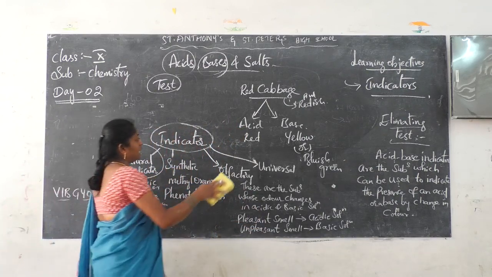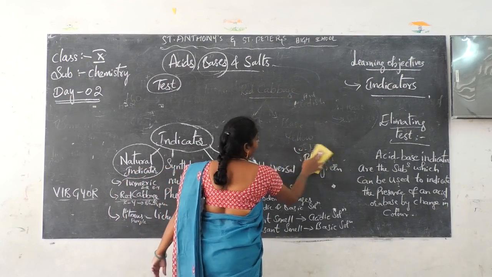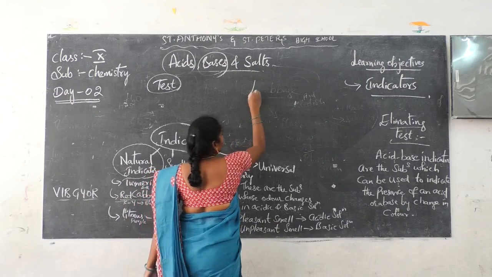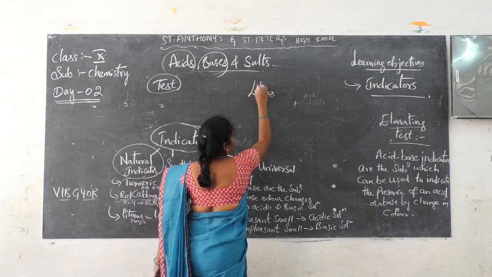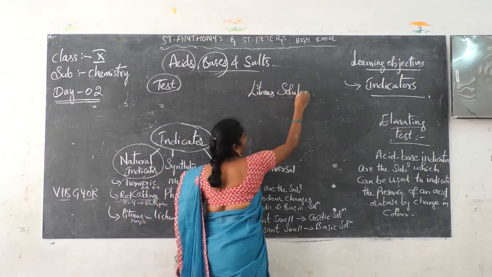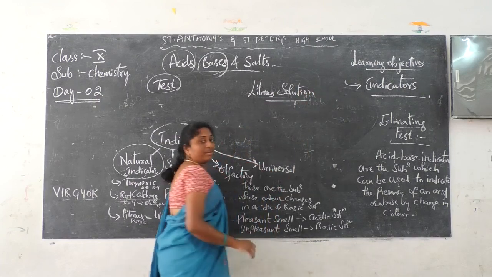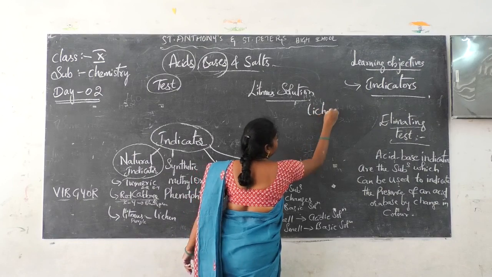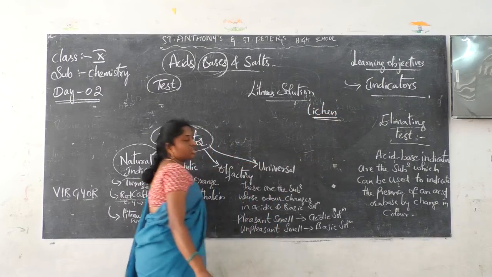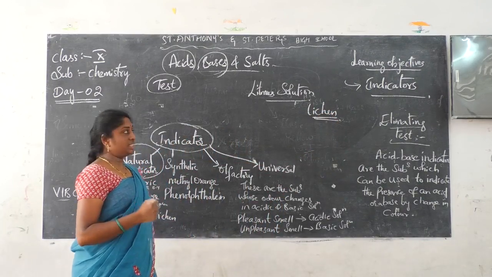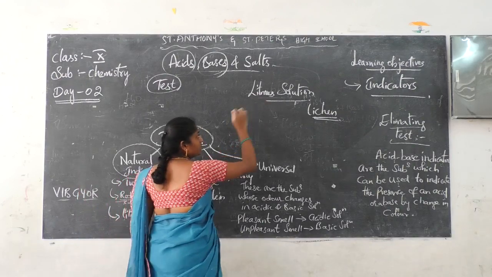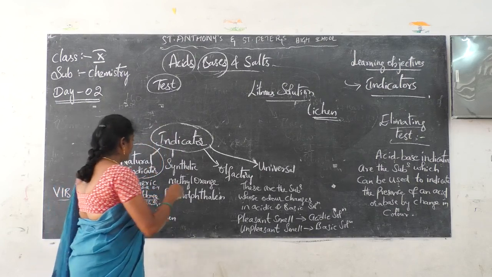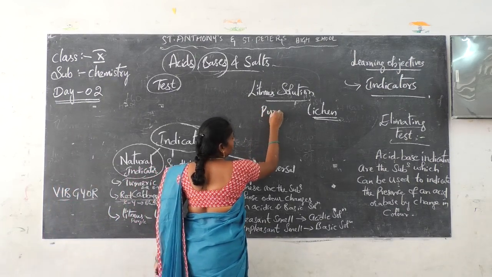The third one, litmus. Litmus paper or litmus solution is obtained from a plant called lichen. When the litmus solution is extracted from the plant, it is purple in color.